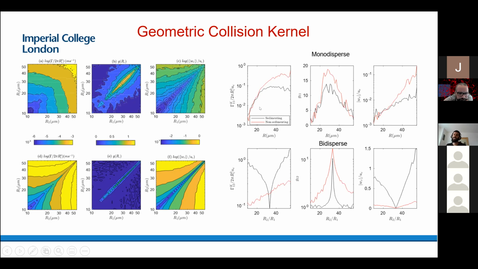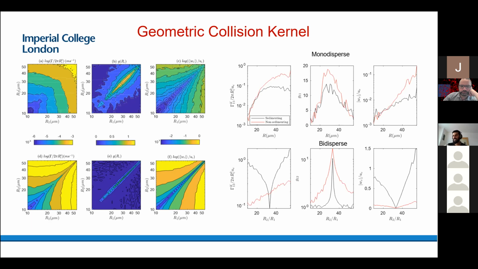So the main take-home message is that sedimenting droplets tend to reduce the collision rates for same-size droplets. This is due to a corresponding reduction in the RDF, and also in the particle relative velocity. Consider two droplets which are very close together and about to collide.